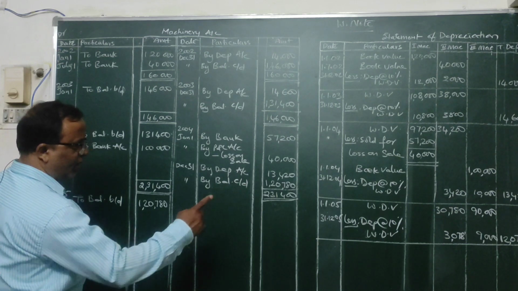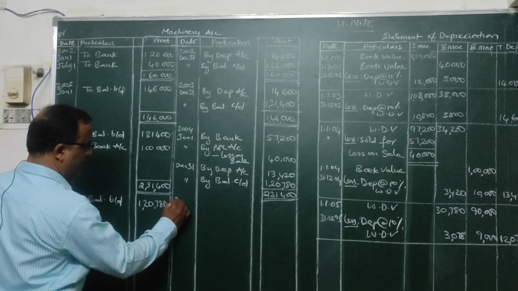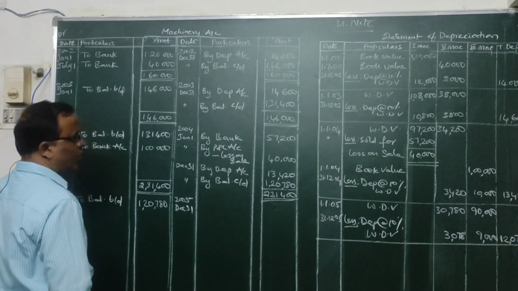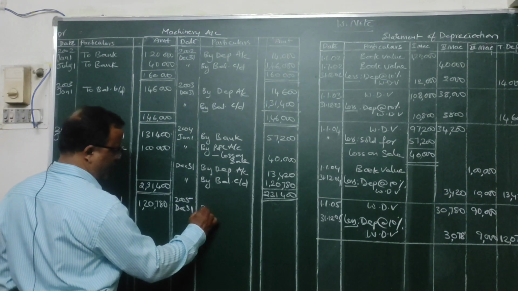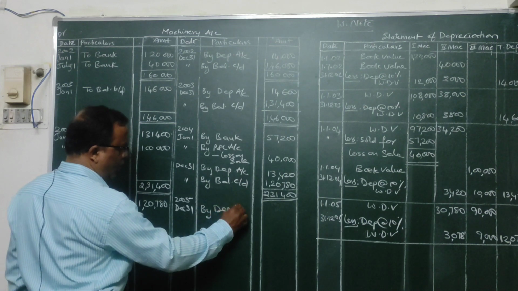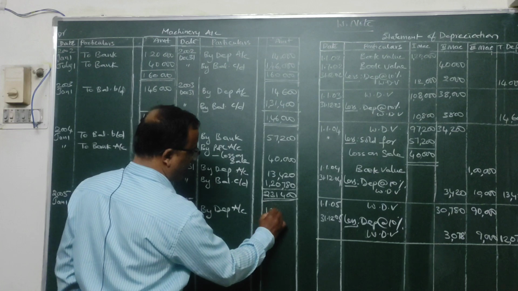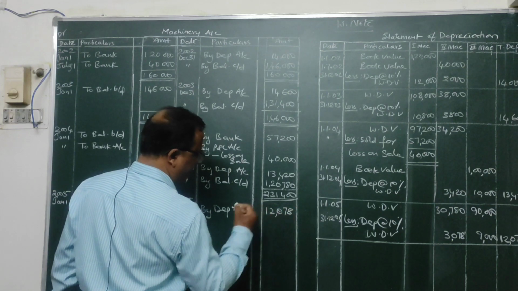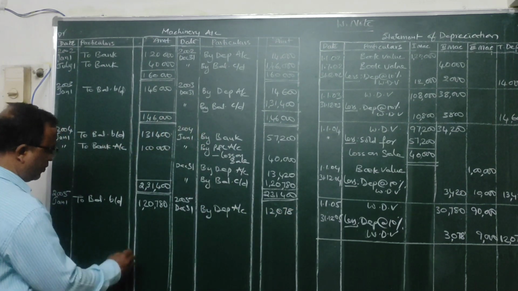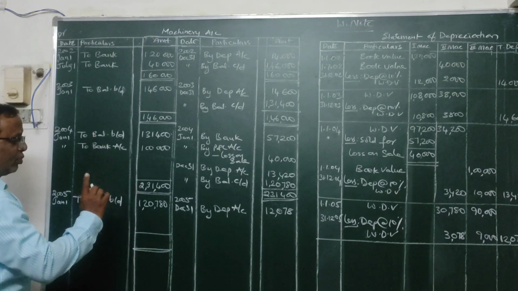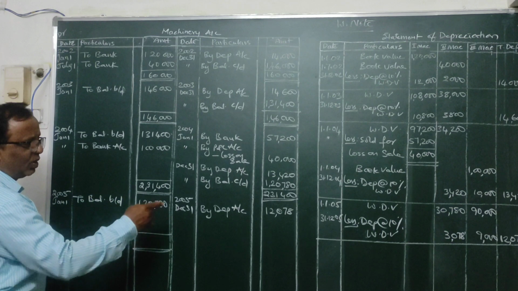So our entry will be for depreciation at the end of the year. That means at the end of 2005, on December 31st, we are going to provide depreciation. Your entry is depreciation account debit to machinery, 12,078. Now see, if you balance this particular account, because he has asked us to do for 4 years, for a total of 4 years we should do and get the balance.